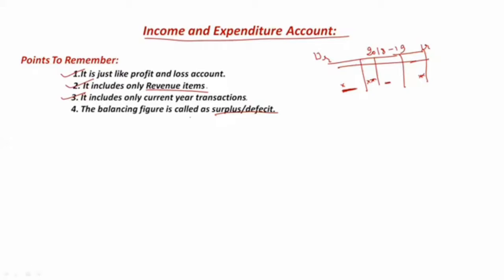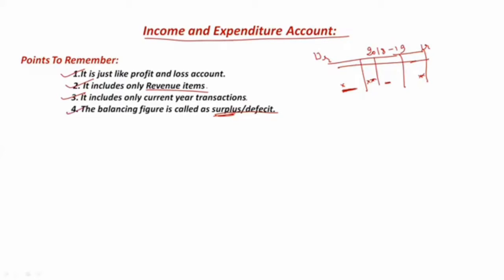This surplus, I told you, will not be distributed among the members of an NPO. It will be transferred to the capital fund. If we have a deficit, then a certain amount will be withdrawn from the capital fund. So this is the whole concept.